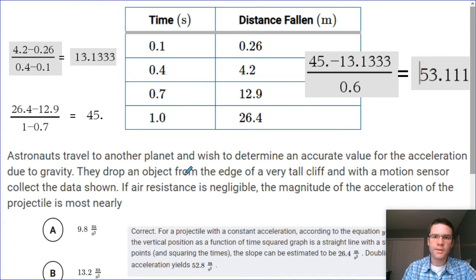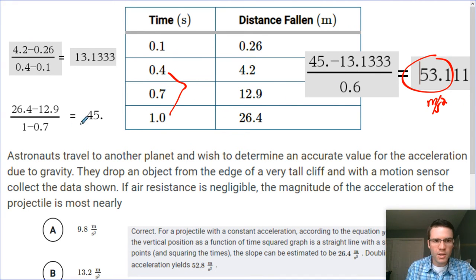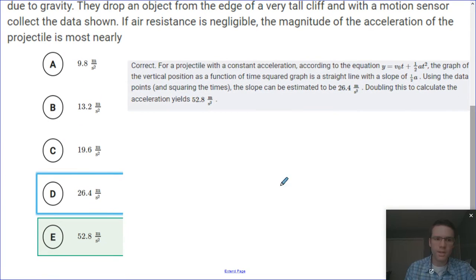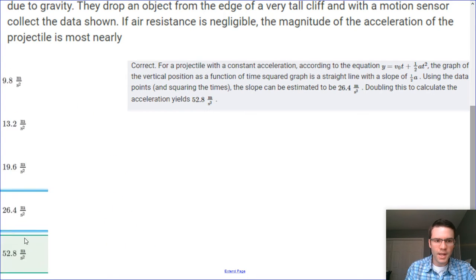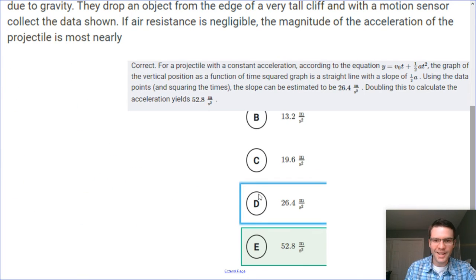So if we do that, it looks like this: 45, what we just calculated, minus 13, divided by the time period over which we did these averages, which is 0.6, and we get 53.1. And 53.1 would be your average acceleration, just a rough estimate here. These would be quick calculations to do in your calculator. And 53.1, if you look at your choices, it's obvious which choice is closest to that. We just have to be in the ballpark region, and we would choose E.